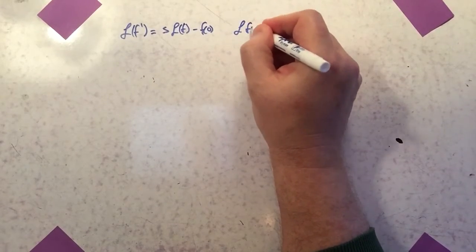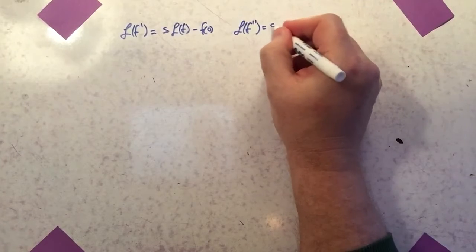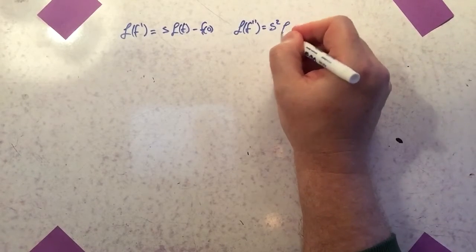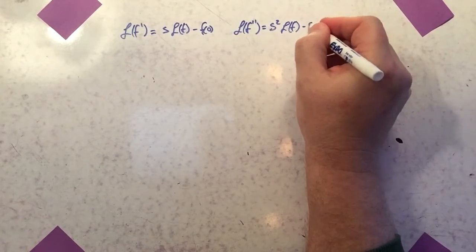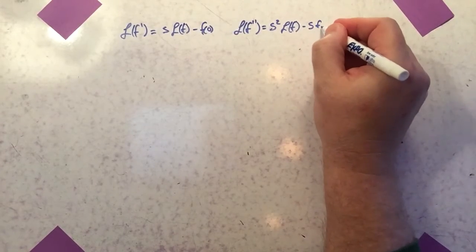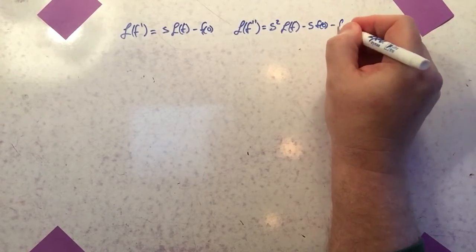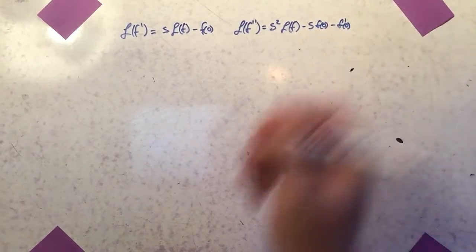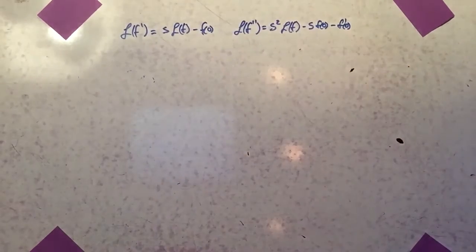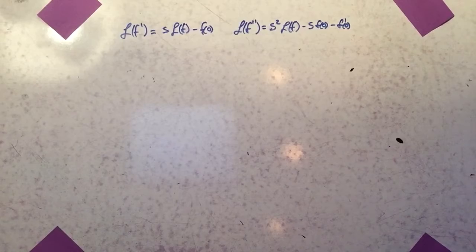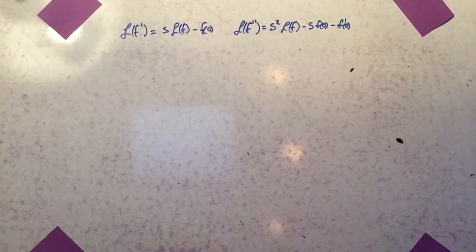The Laplace transform of f double prime is equal to s squared Laplace transform of f minus s times the initial condition f naught minus f prime of naught, the initial condition of the first derivative, right? Once again, the proof of that is in section 6.2. So if you're interested in where these came from, be my guest to read through those derivations.